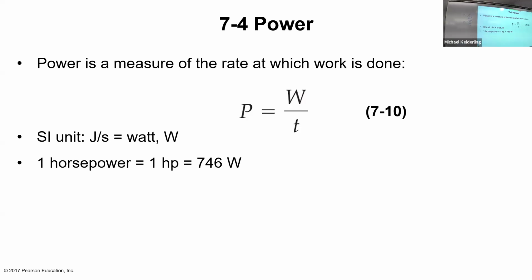Horsepower is 746 watts. This is a unit that James Watt invented to sell steam engines, so it does not correspond in any nice direct way to the power output of a horse. It's some sort of average power output of a horse over a day of work. So horses can output more than 1 horsepower.